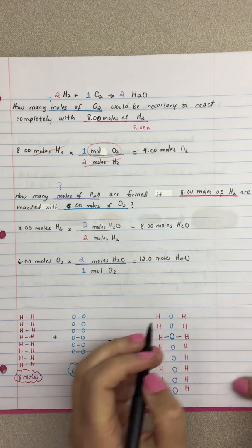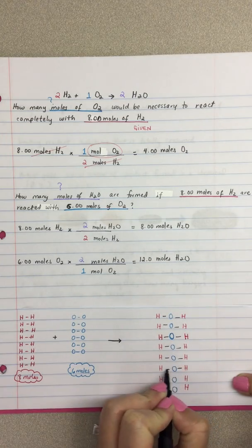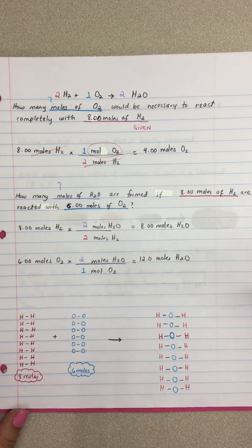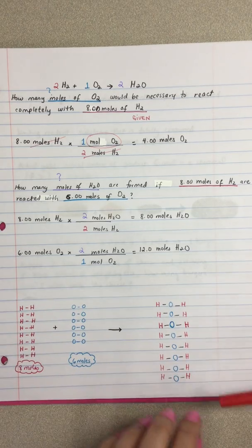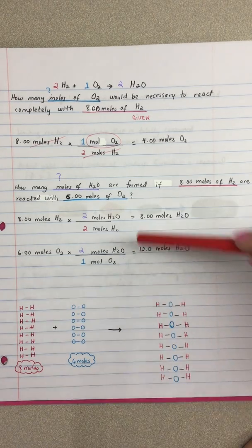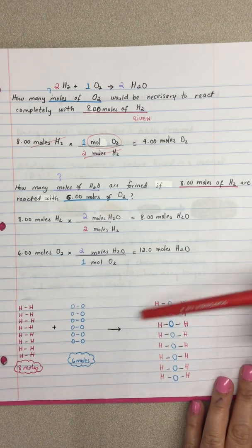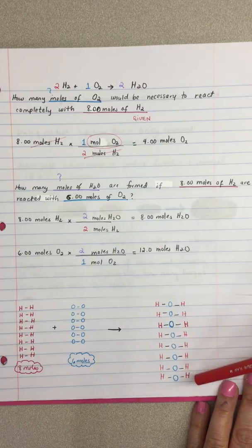Eight water molecules, and if you have 8 water molecules, you have no hydrogen left. You're using all of your hydrogen to get these 8 water molecules here, which is what you calculated. With 8 moles of H2, you can get 8 moles of water. 1, 2, 3, 4, 5, 6, 7, 8.